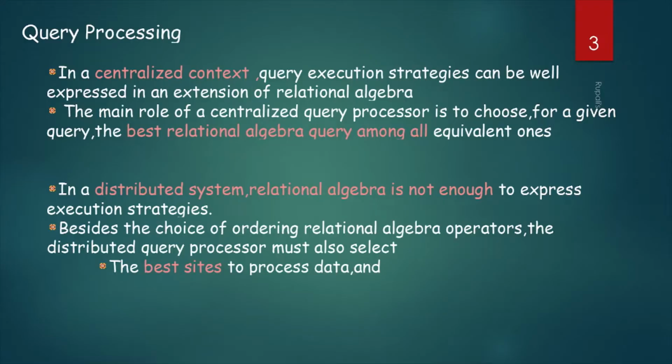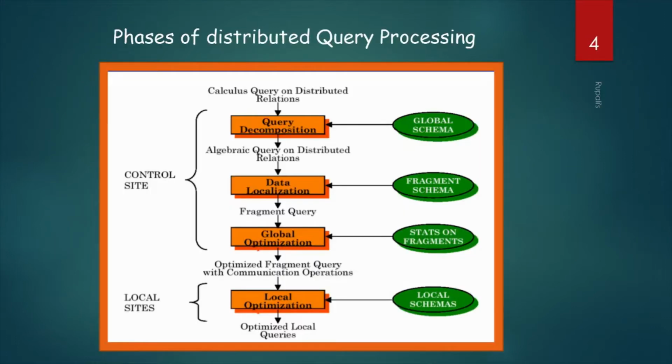Means when we execute our query, from which site we can fetch our data, so that we can get our result immediately after processing our query. And how we can transform our data. Everything is related to distributed query processing. These are the phases related to distributed query processing. We have to learn each and every phase in detail.